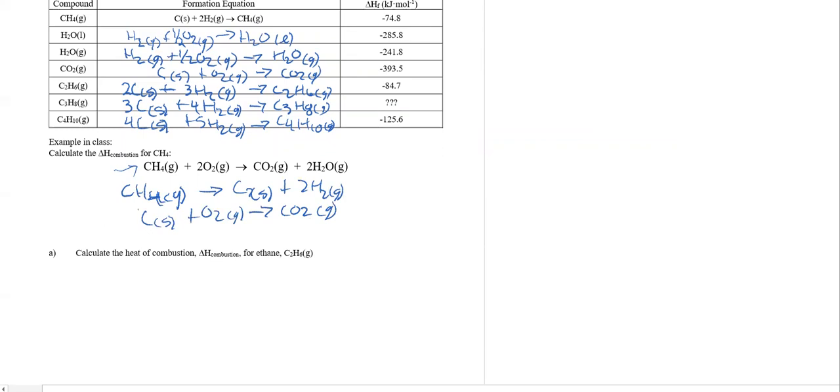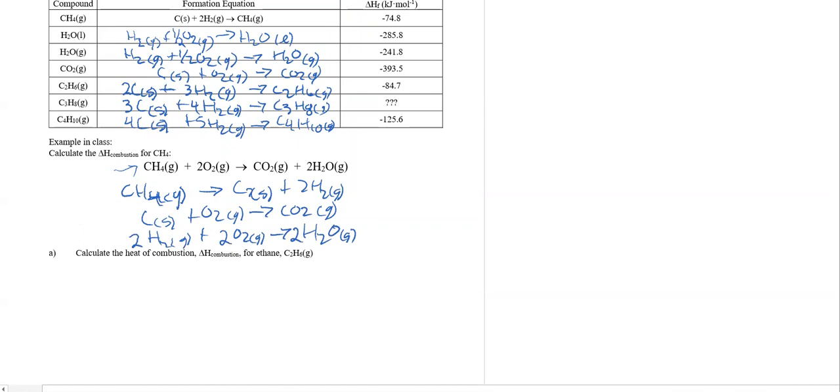And my H2O is coming from H2 as a gas, plus 1/2 of our O2 as a gas, going to H2O. And I need 2 of those, so I should have 2H2, 2O2, making 2 H2O waters.